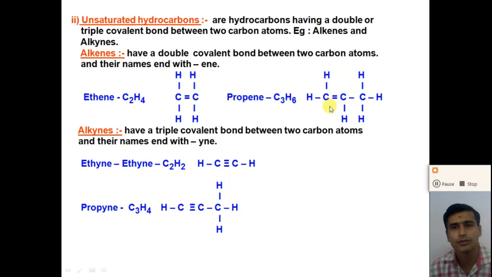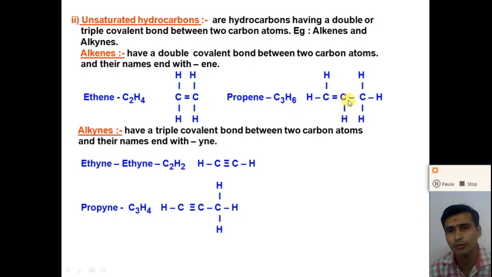The other two valencies of this carbon are fulfilled by hydrogen atoms. This carbon atom makes 3 covalent bonds: 2 with this carbon and 1 with that carbon, and the other electron makes a covalent bond with a hydrogen atom, and this carbon atom makes 3 covalent bonds with hydrogen. So here the carbon atoms are 3, but there are 6 hydrogens. So C3H6, and it is called propene, right?